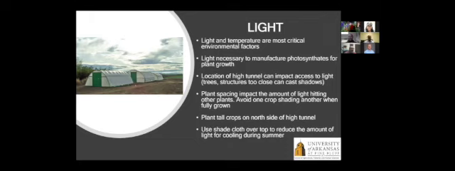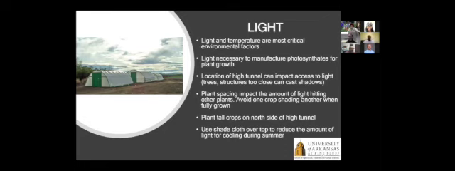If you have multiple high tunnels and put them too close together, they can cast shadows on each other and affect access to light. Even within the high tunnels, you want to observe the recommended plant spacing. We know we can go a little more intensively in the high tunnel structures, but if you plant too close, it impacts light in one crop, shade in another crop, and affects the amount of light hitting other plants.